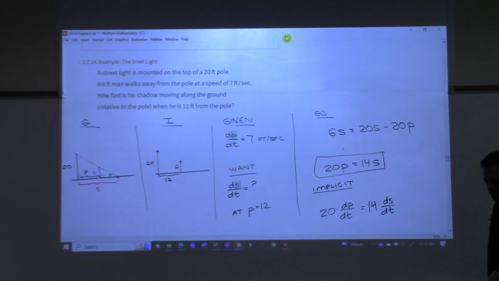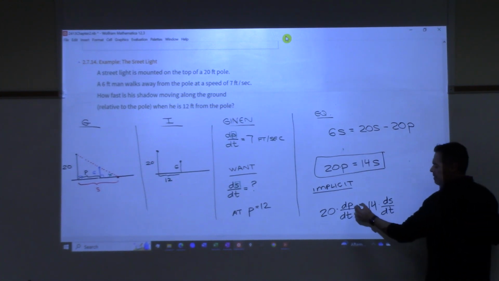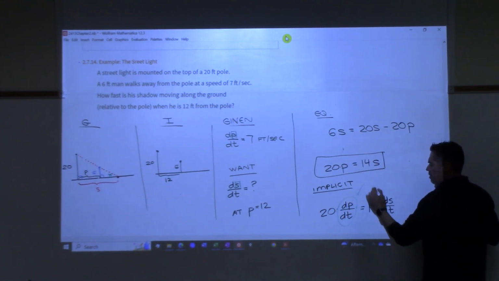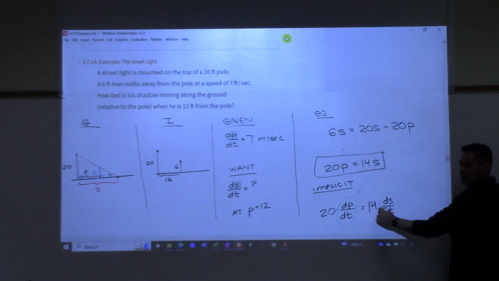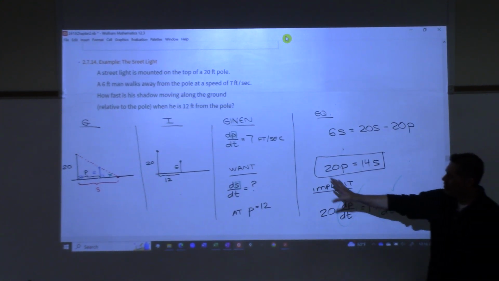That's weird. Do we know dp dt? Yes. ds dt is what we're trying to solve for. Does anyone see anything interesting here? It's on the right side. Yeah, but this is like the snapshot, right?